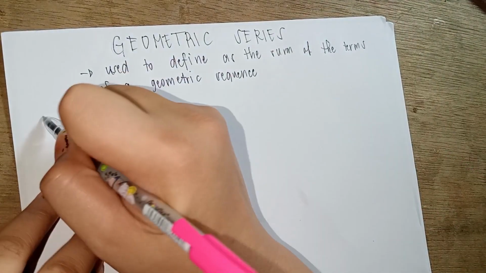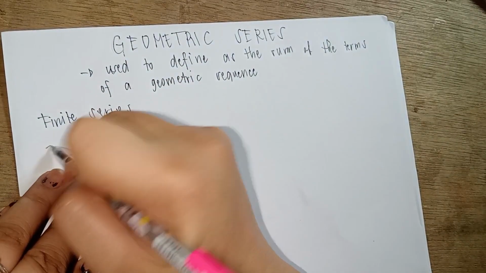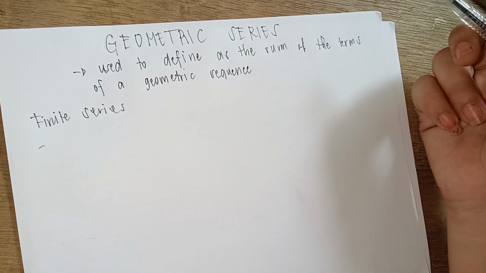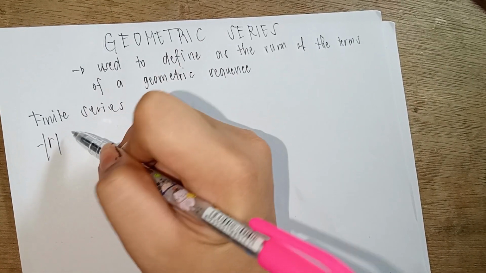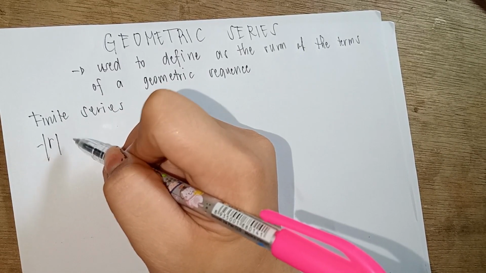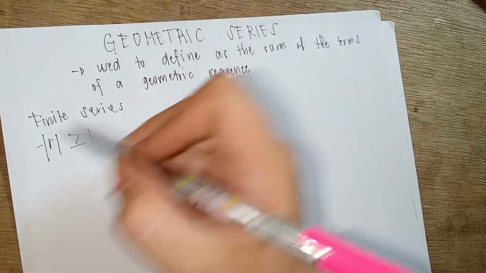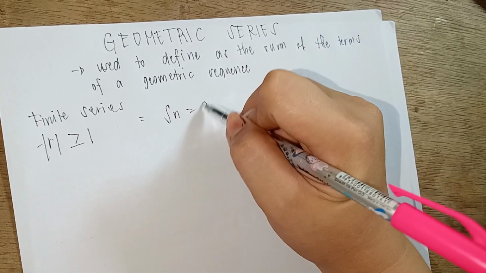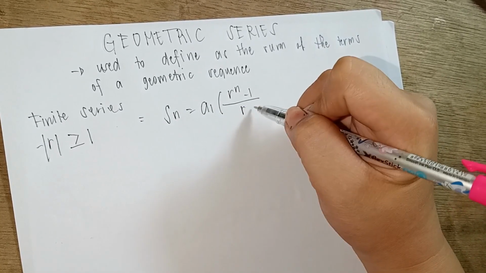First, we have the finite series. So, what is finite series? When we say finite series, ito yung geometric sequence na yung common ratio niya, wherein the absolute value of the common ratio is greater than or equal to 1. So, pag finite series, ang ginagamit nating formula, we have Sn is equal to S1 times the quantity of r raised to n minus 1 over r minus 1.